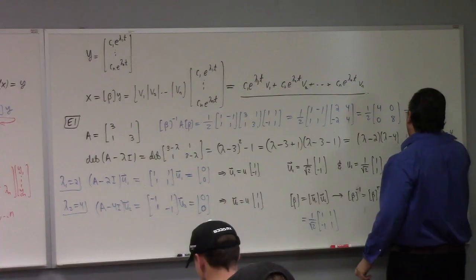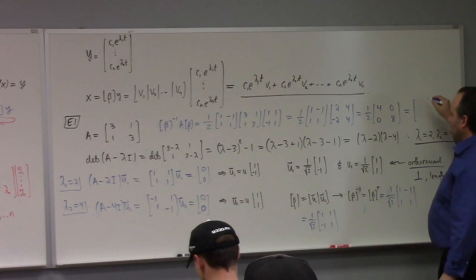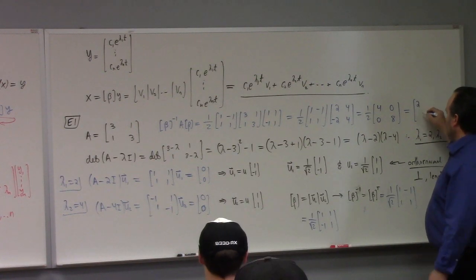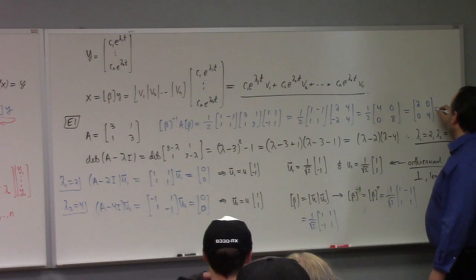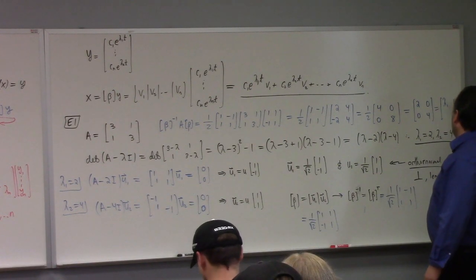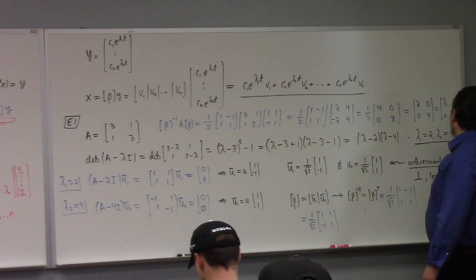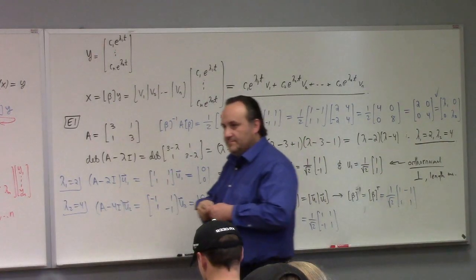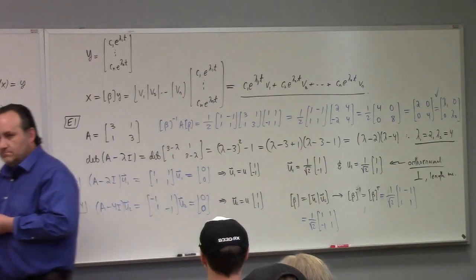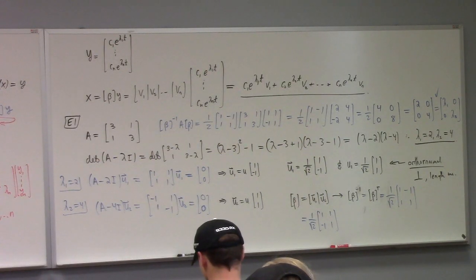Bring the 1/2 in, what do we got? 4 over 2 is 2. 0, 0. 8 over 2 is 4. Not an accident, right, guys? Because that's lambda 1, 0, 0, lambda 2, as we should hope, right? This is what I said would happen, and it happened, right?